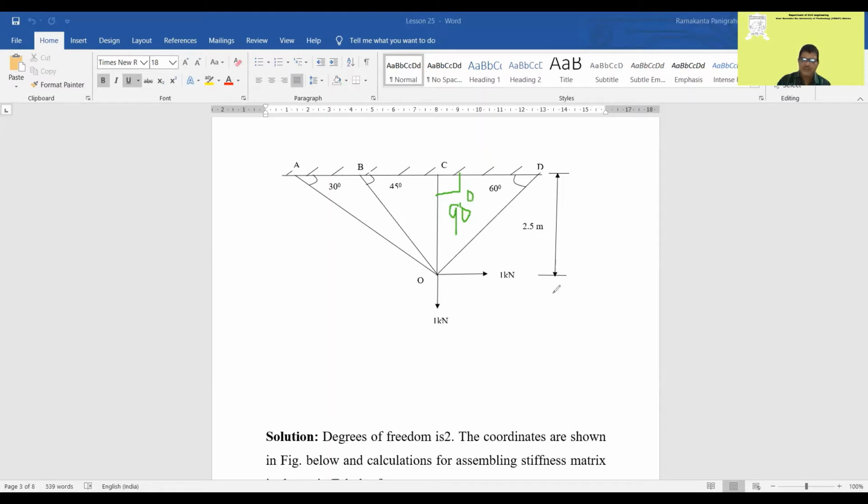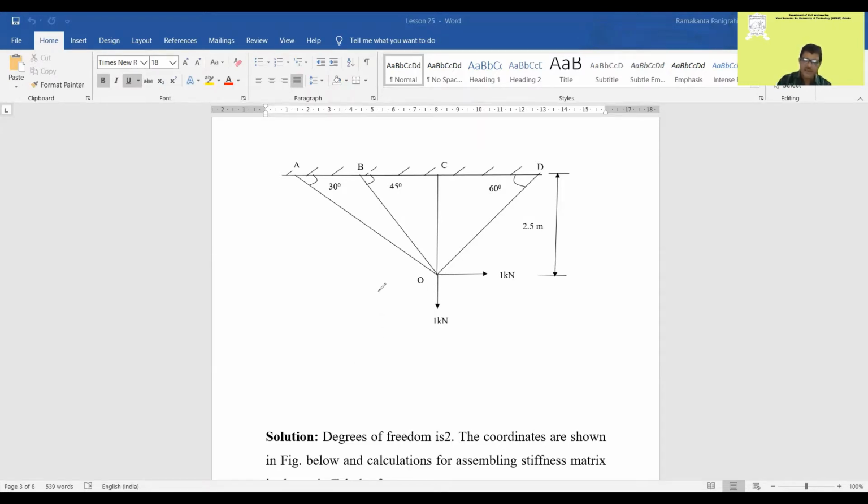This height is 2.5 meter, and there is a force applied, 1 kilonewton in this direction and 1 kilonewton in this direction. One is the vertical direction, one is the horizontal direction. You have to develop the stiffness matrix for this problem, and solve it by the stiffness method.